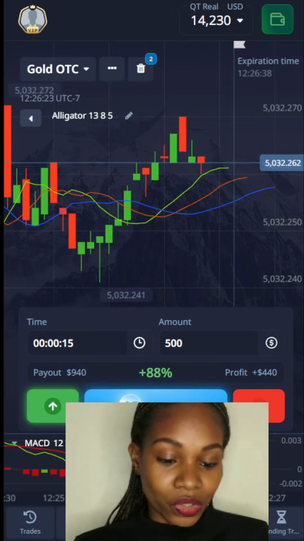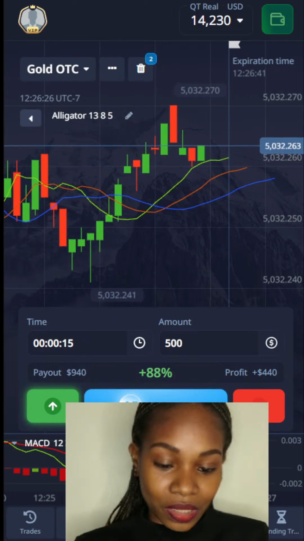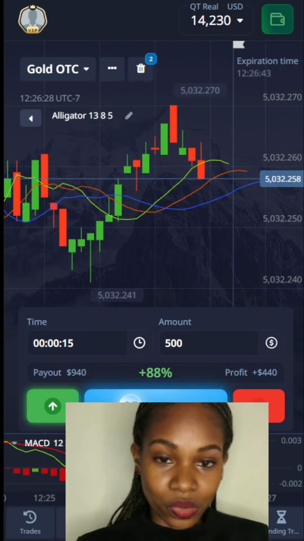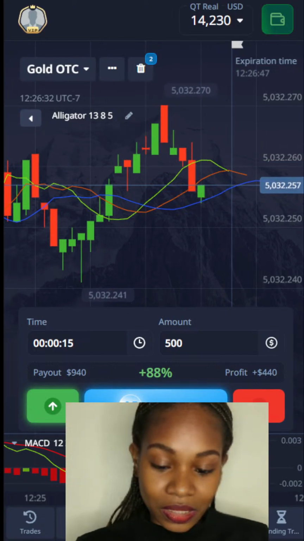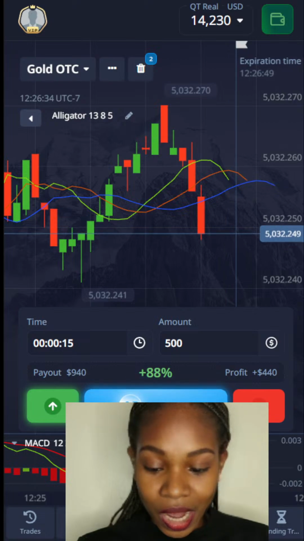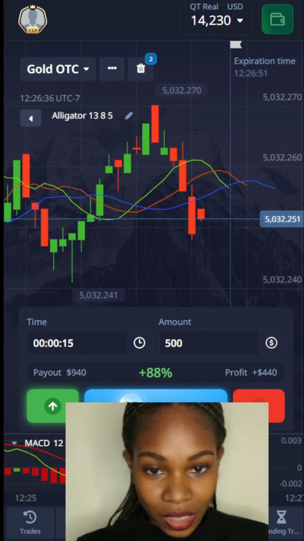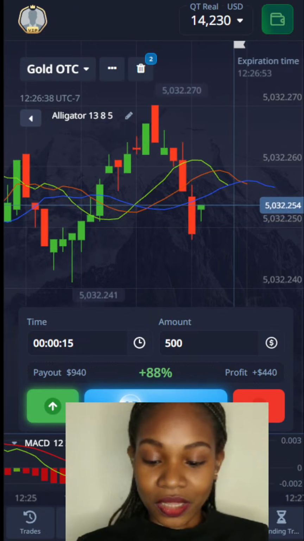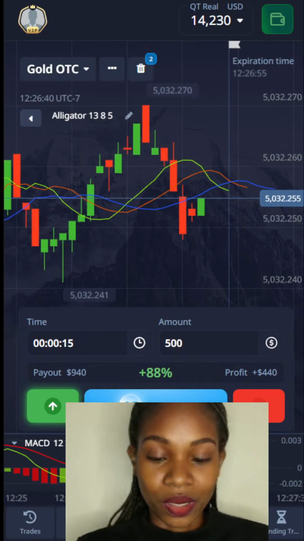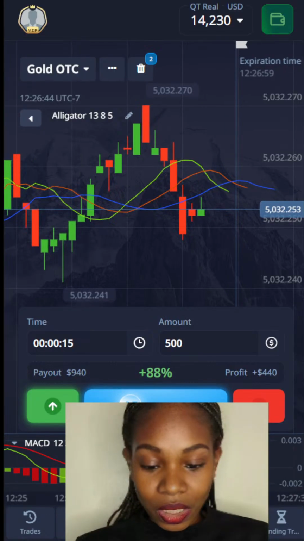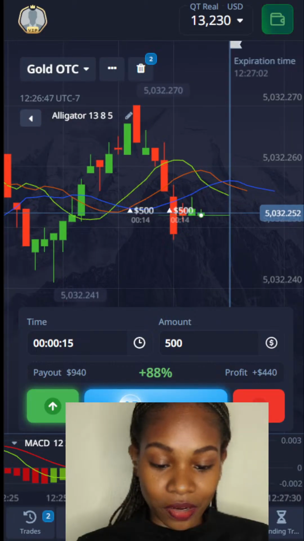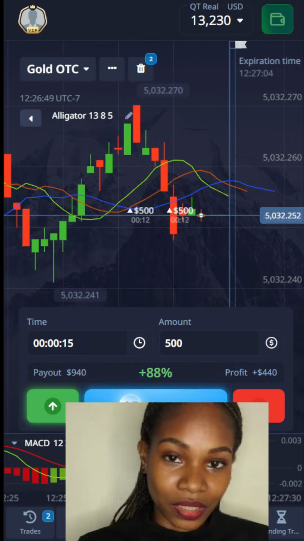So when we are using the MACD, we have two lines, all right? We have the MACD line, and then we have the signal line. Then we have the histogram bar. For the bar, it has the red and the green.